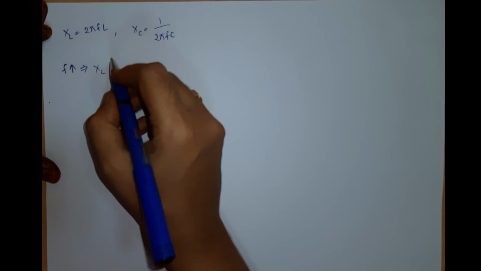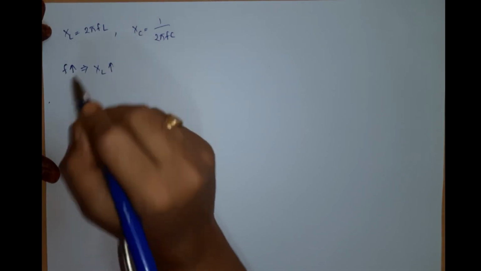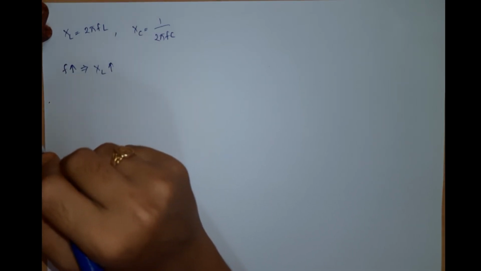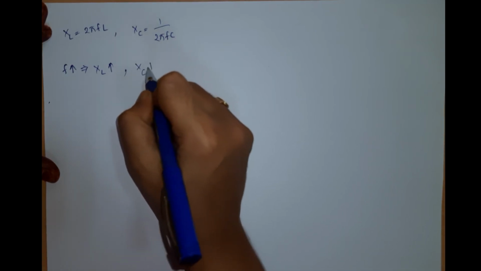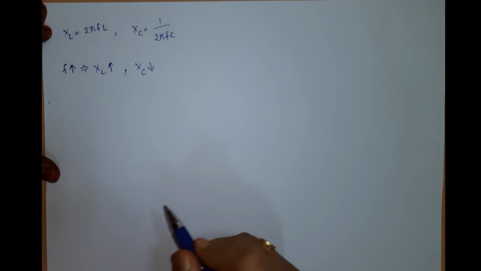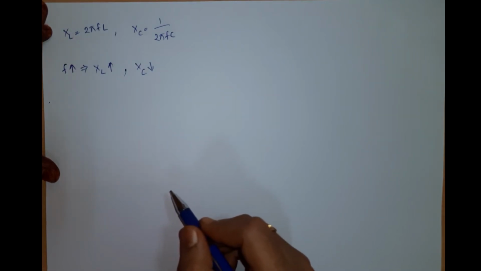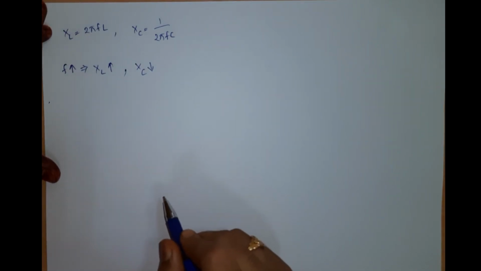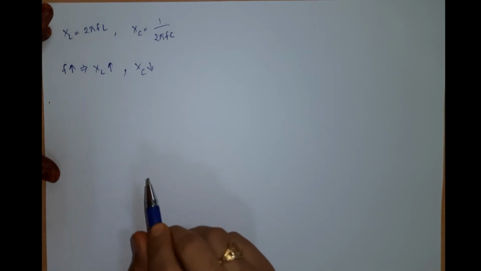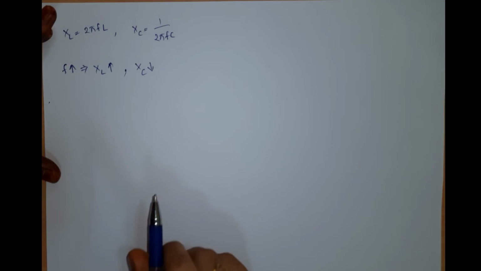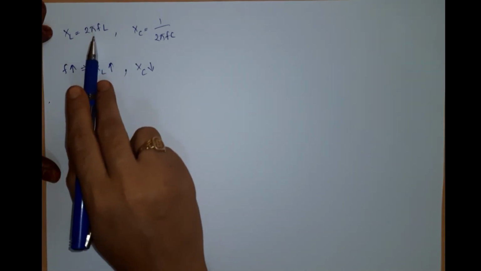You can clearly see from this formula that if frequency increases, the inductive reactance increases. Also, the capacitive reactance decreases, as it is inversely proportional to the frequency. Yes or no?